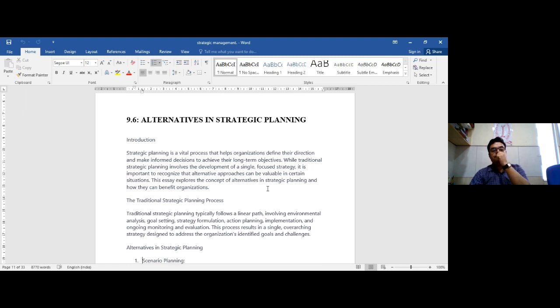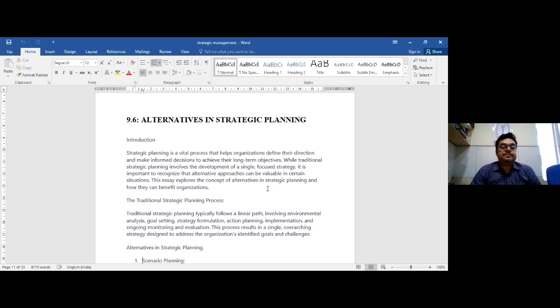And the traditional strategic planning would involve the development of a single focused strategy.